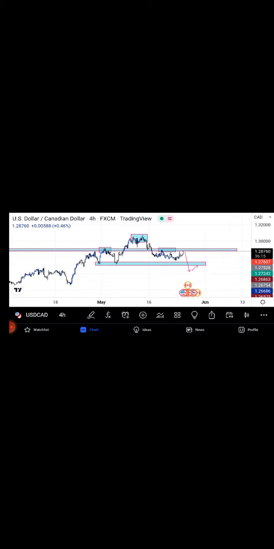So what I'll be expecting the market to do is to move downward, if it is to respect this head and shoulder, to go here, then up to this point, then we expect a sell. This will be my entry. I'll enter here, then a sell trade down here, if the market decides to form a head and shoulder here. So this is the first idea of this pair now.